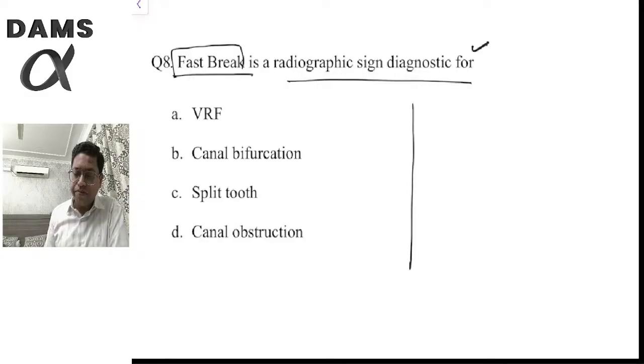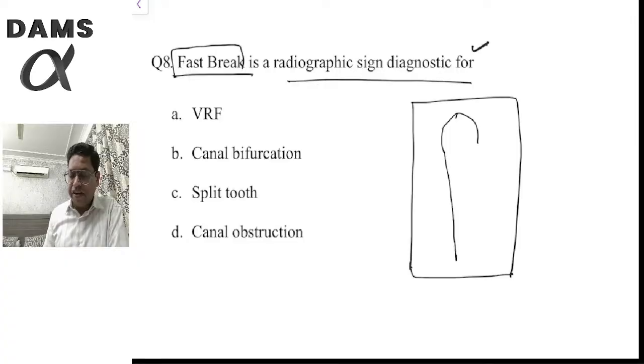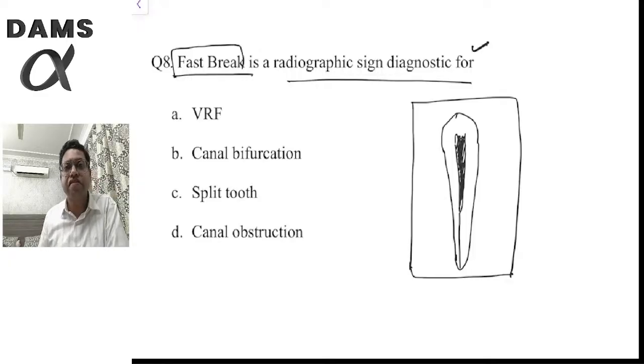Suppose there is a tooth which is visible radiographically like this. This is the root canal system of the tooth. When we see it from above downwards, there is a thick radiolucent canal visible on the radiograph.